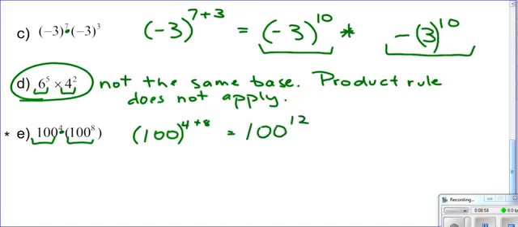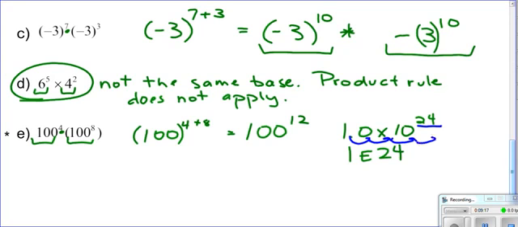And if you put this in your calculator, you would get 1.0 times 10 to the 24, or you might see 1e24 in your calculator. What that means is the decimal place needs to go 24 times to the right. So there's actually 24 places of zeros behind that number.